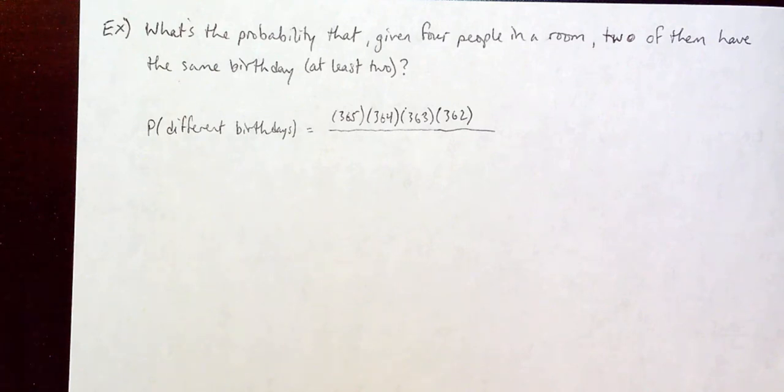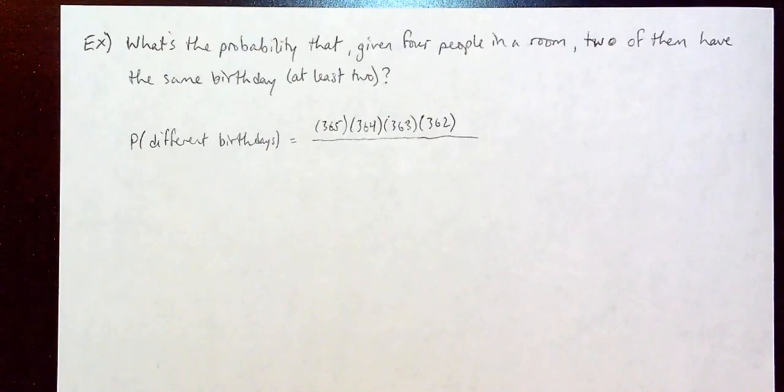So the total number of ways that we can have the different birthdays here that will work: 365 times 364 times 363 times 362. Those are the total number of outcomes that will work.